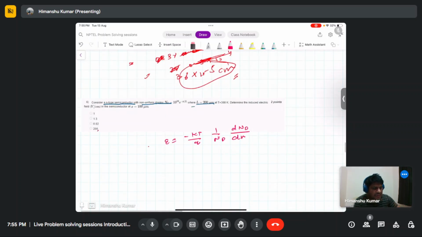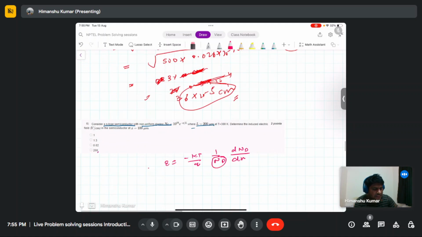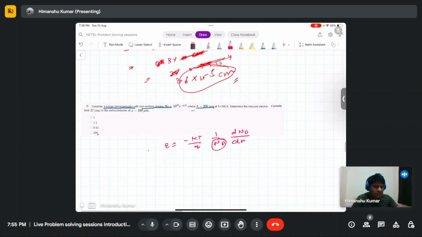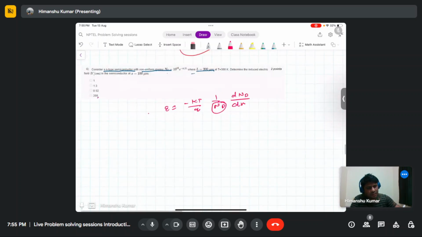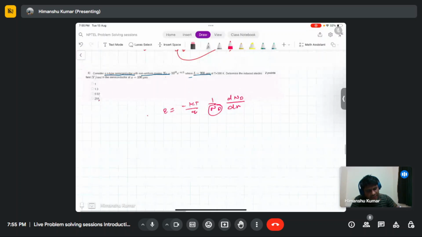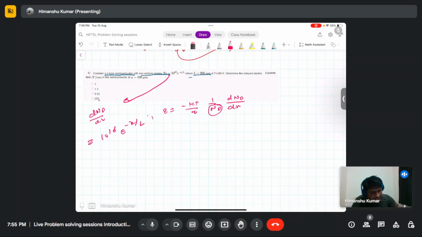So Nd is the doping concentration, and this is your slope. We can calculate the slope at x equals 0. If we calculate dNd by dx from this equation, it becomes 10 power 16 times exponential of minus x by L, and again taking the derivative gives minus 1.